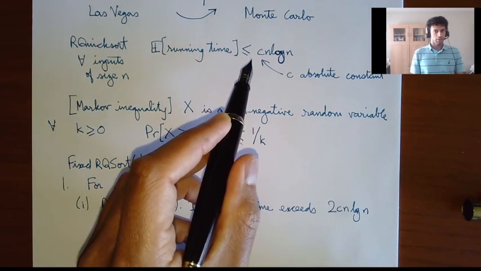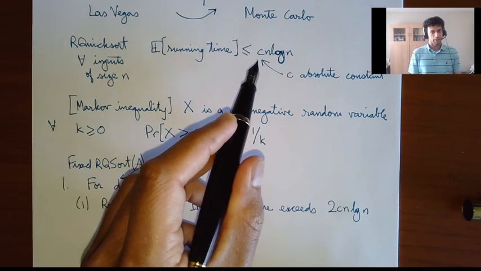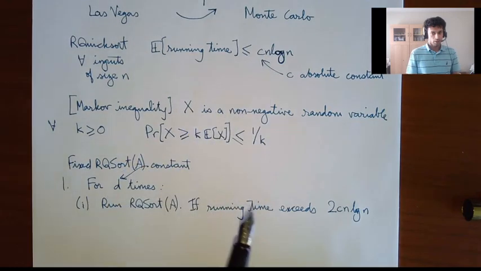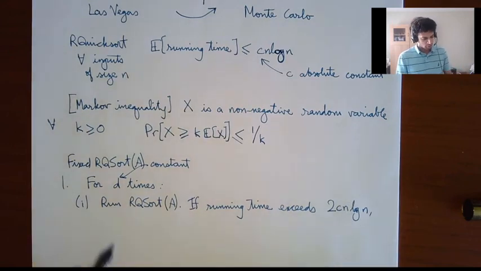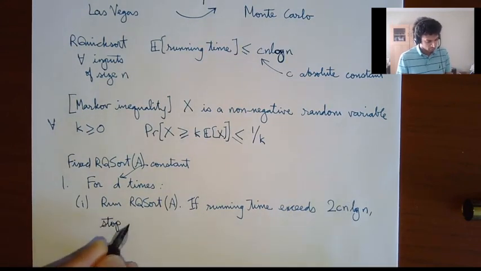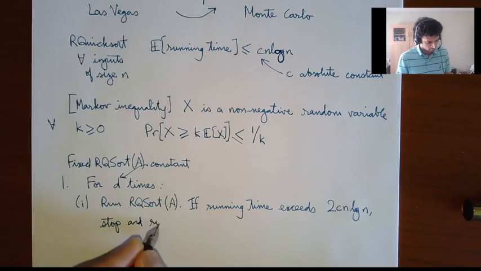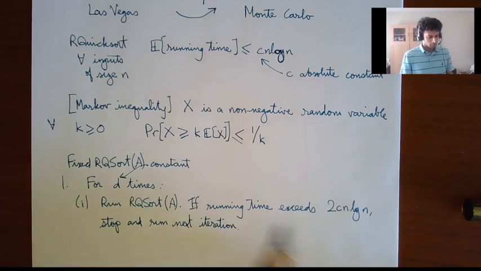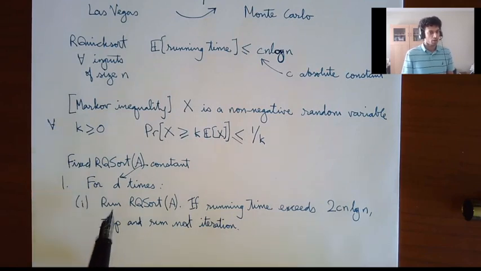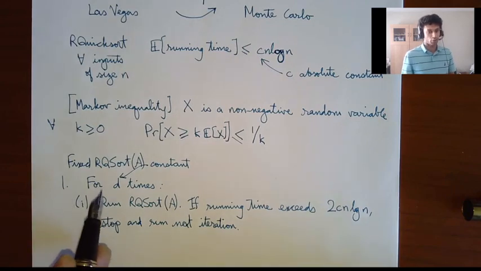So I'm just saying that the expected running time is Cn log n. If your running time ever goes twice that, then just stop and run the next iteration. So if it ever exceeds twice Cn log n, stop and then start afresh. Okay, so it's like an independent invocation.